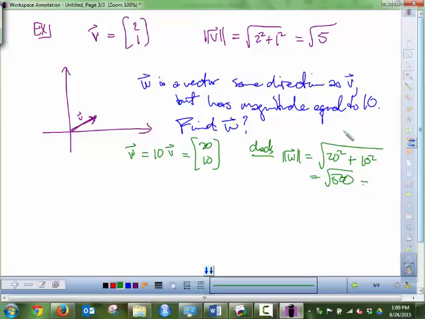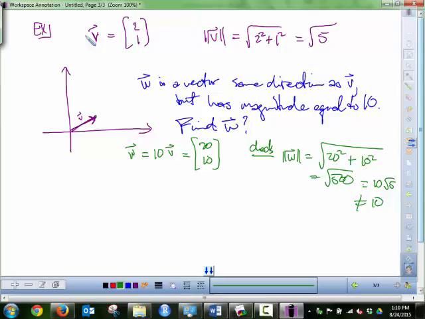And does that simplify to a magnitude of 10? No. What is this equal to? I can take 100 out, right? So that's 10 squared. So this is 10 root 5. Okay, so that didn't work for us. The magnitude of this does not equal 10. In fact, it's equal to 10 root 5, and root 5 was the magnitude of the original vector v.